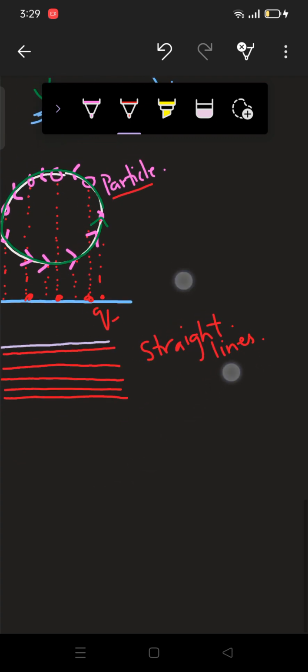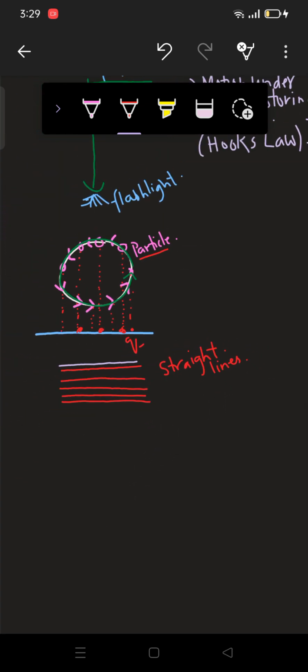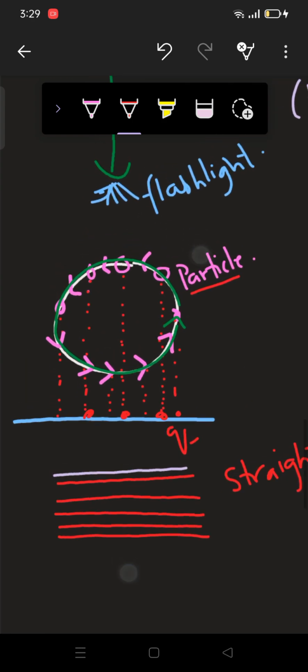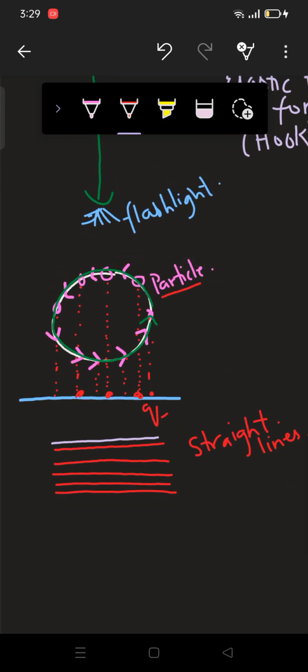This is periodic motion since it is repeating itself in equal intervals of time. It is oscillatory motion since, in addition to being periodic, it is to and fro, back and forth. In addition to that, it is in a straight line, which means it is simple harmonic motion. The motion of the shadow of the particle follows simple harmonic motion.